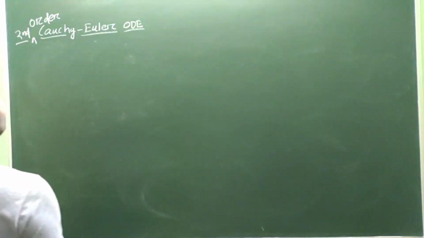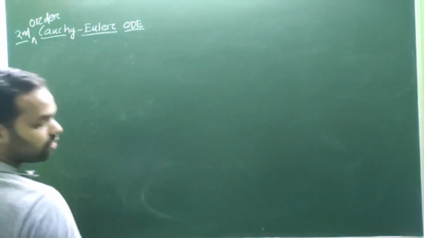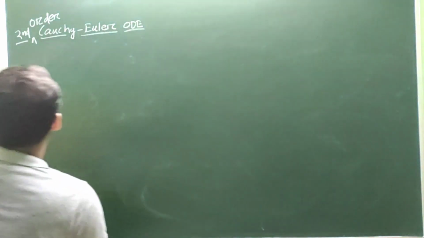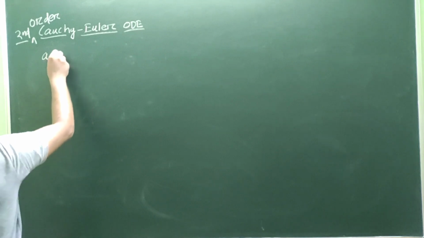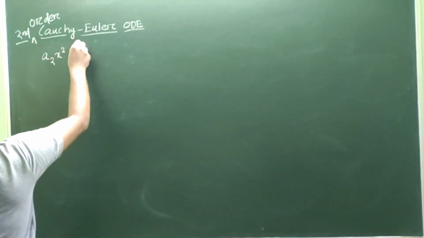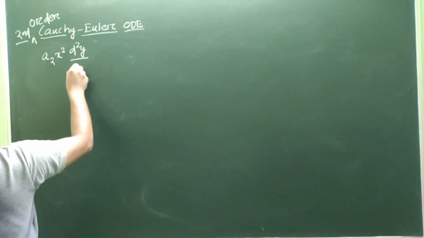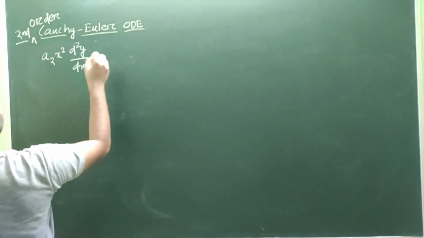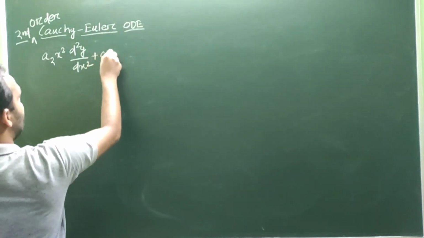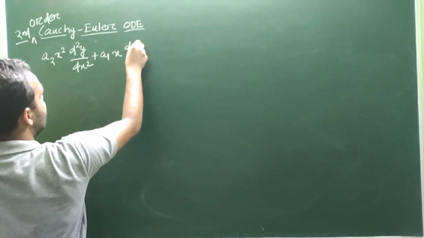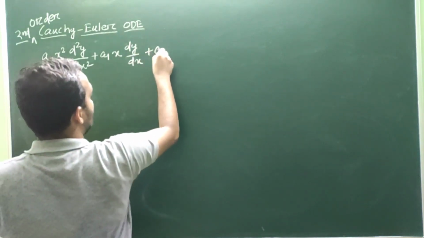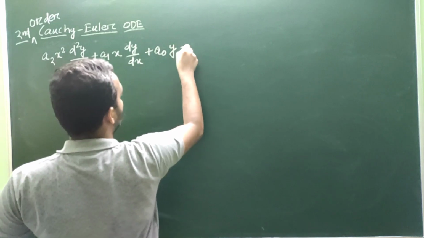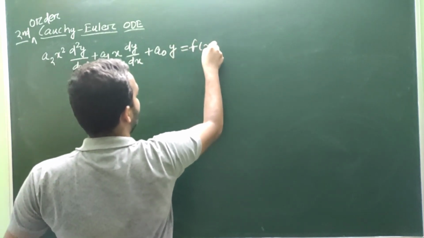Right. So the form of this second order Cauchy-Euler differential equation will be a2 x square d square y by dx square plus a1 x dy by dx plus a0 y equals f of x.